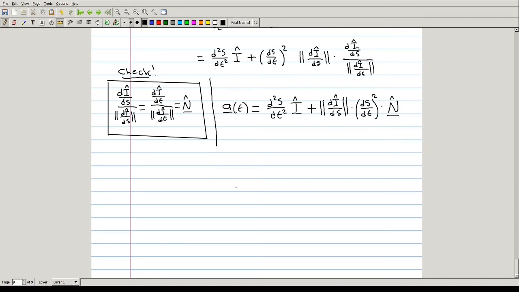We can simplify this a little bit by defining a very special function.